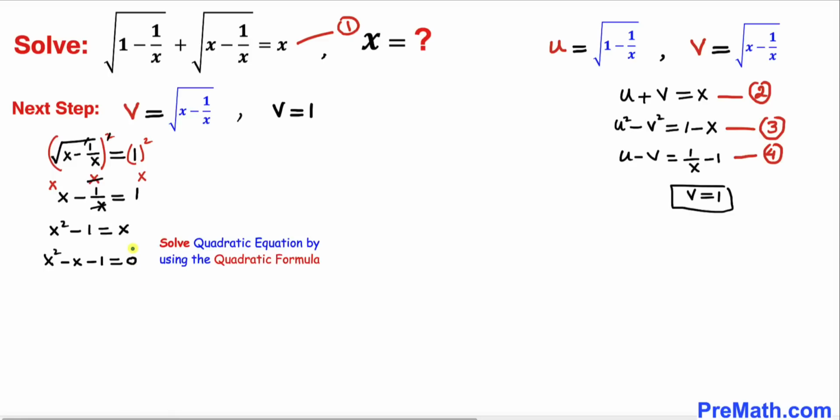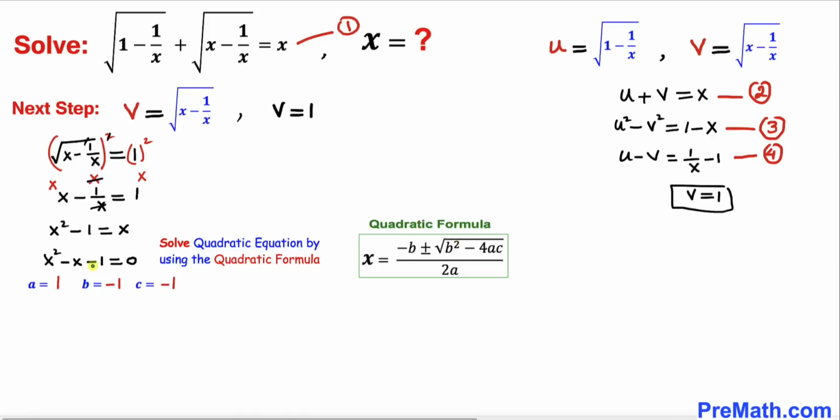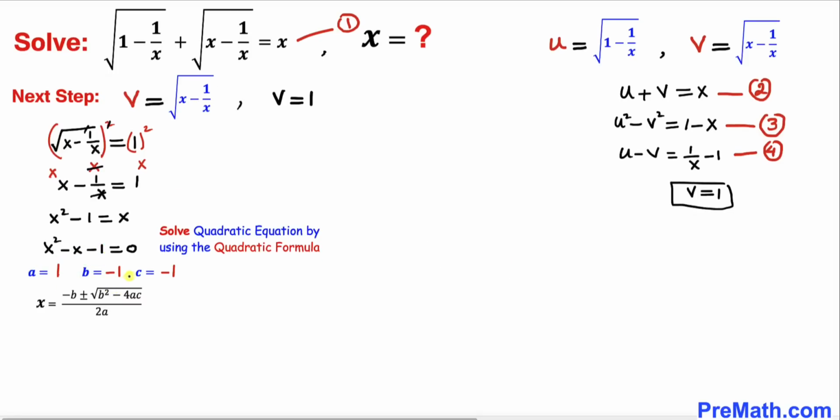And now we can see that this is our quadratic equation, and we are going to solve it by using the quadratic formula. And here's our well-known quadratic formula. Now we can see our a equals 1, b equals negative 1, and c equals negative 1 as well. Now let's go ahead and fill in the blanks in this quadratic formula.